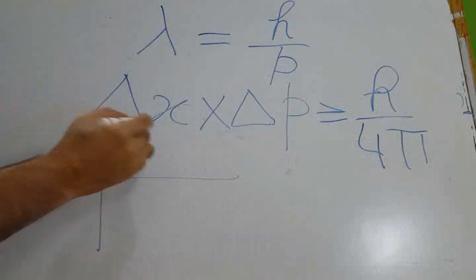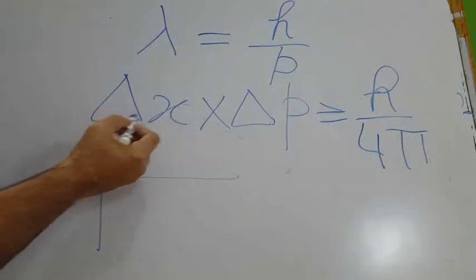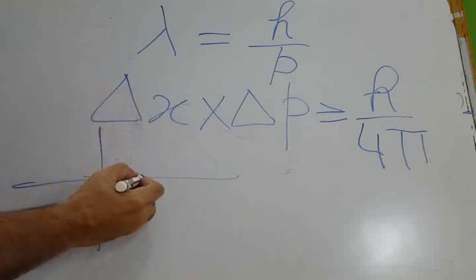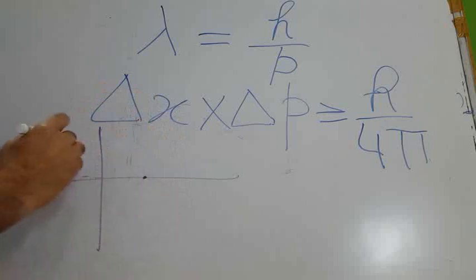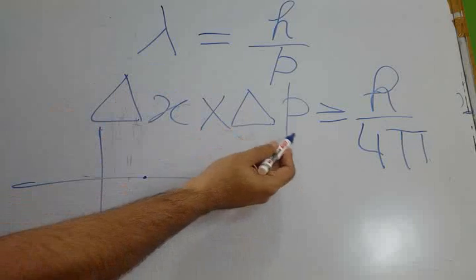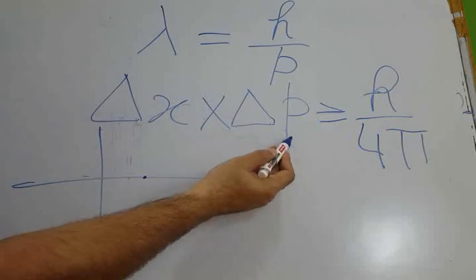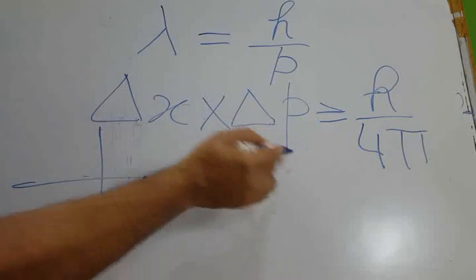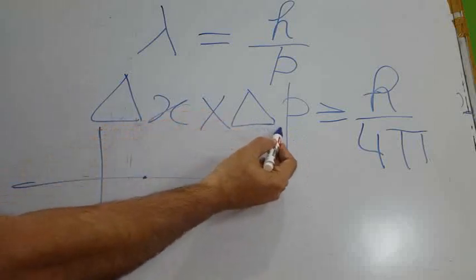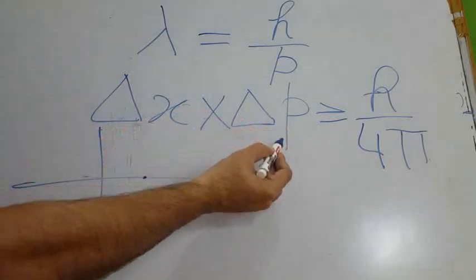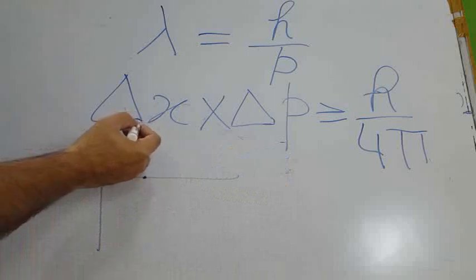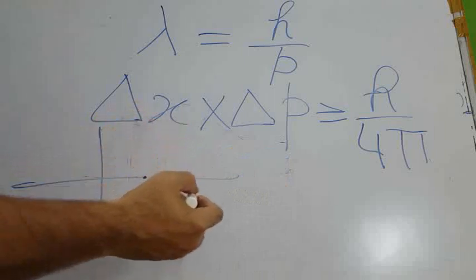Means as we try to minimize the uncertainty in measurement of the position of a particle, then there would be more uncertainty in measurement of momentum of that particle or the velocity of that particle. And if we try to make more precise measurements of the momentum or the velocity, we cannot find the exact position of the particle.